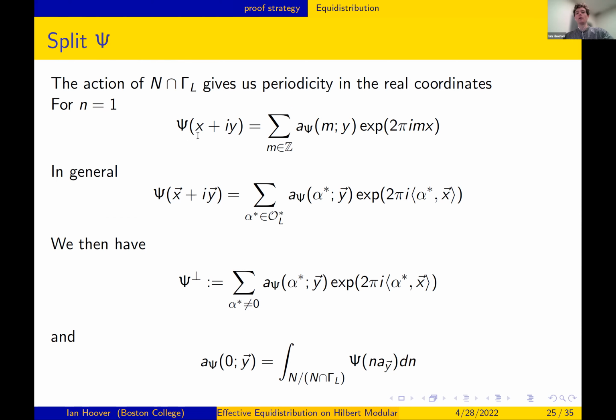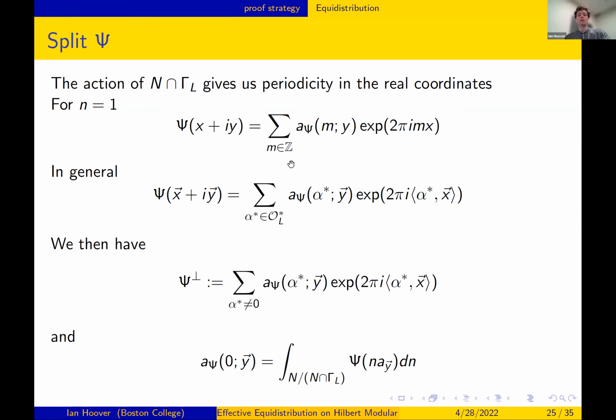And so the lattice gives us periodicity in the real parts, which then can be used to create a Fourier expansion of our test function, whose Fourier coefficients are functions of the imaginary parts, right?